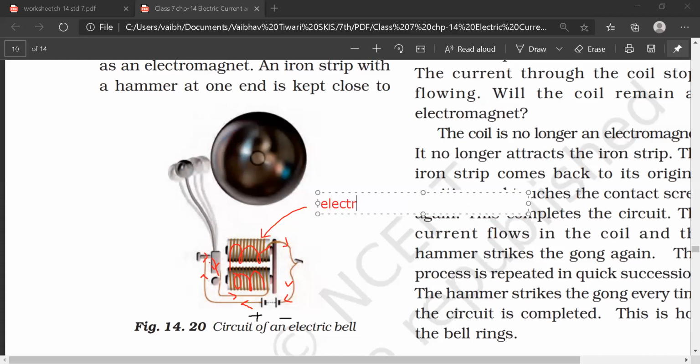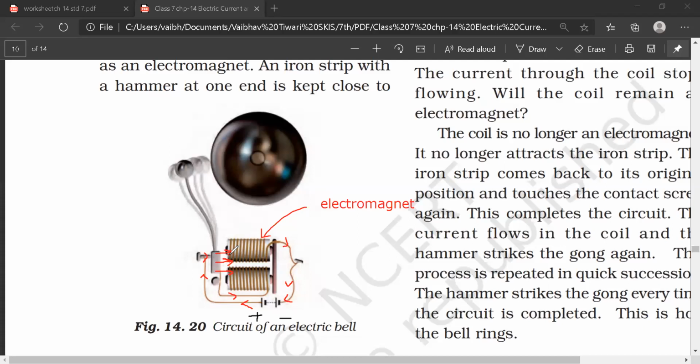It starts behaving like an electromagnet, because of which it will attract the iron strip. And because it is behaving like a magnet, of course it is going to attract the iron materials towards it. So this iron strip is attracted towards the magnet. Understood?